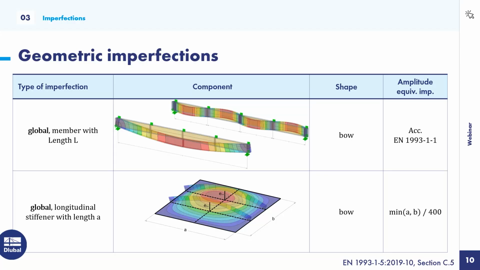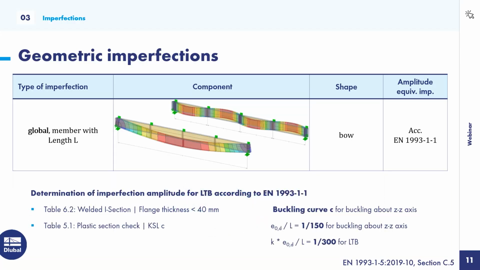And according to Eurocode 3 part 1.1, such imperfection should be defined affine to the imperfection for flexural buckling about the weak axis, but with half the amplitude. So to find the specific amplitude, we go to Eurocode 3 part 1.1, check table 6.2 to see what buckling curve we actually have for buckling about the weak axis.